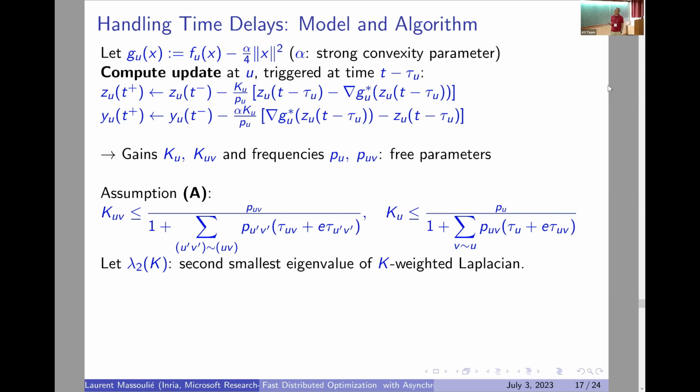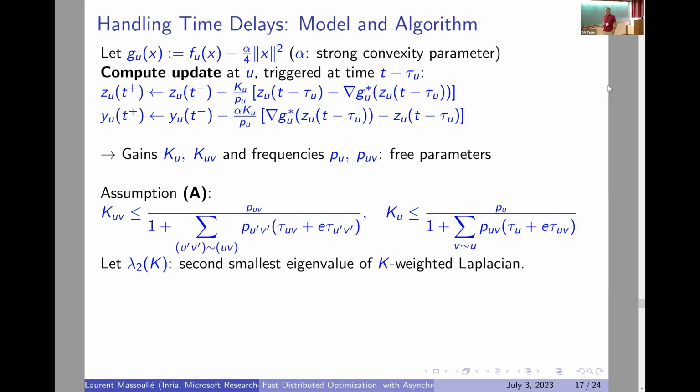So essentially, K_UV you want to make at most 1 over tau_UV, and in fact a bit smaller than that. Same for the compute updates. K_u, the gain parameter for the compute updates, needs to be taken at most 1 over tau_u, but in fact a bit smaller than that.